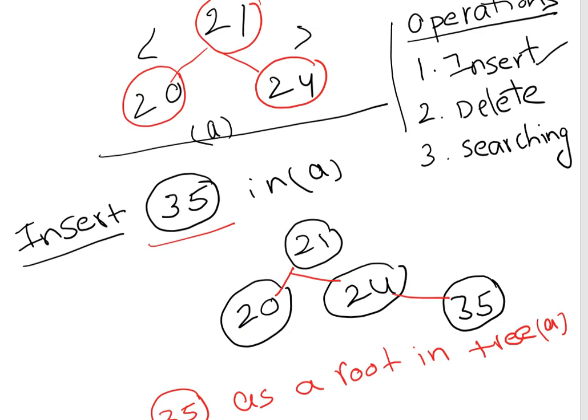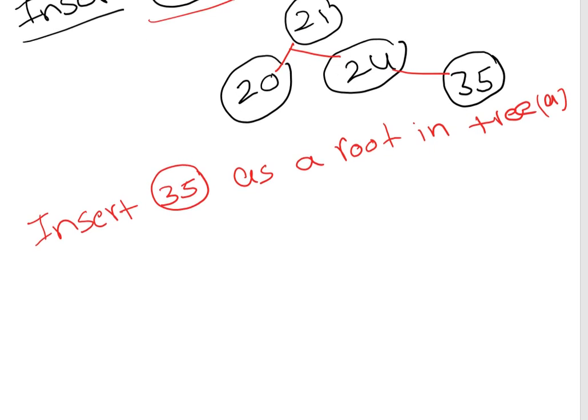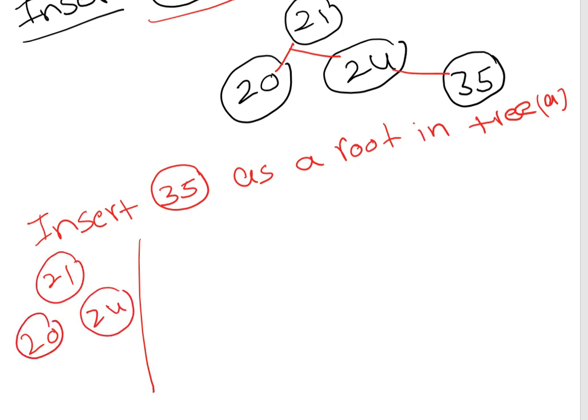So this is the A tree, right? In this tree I want to insert 35 as a root. The current tree is like this: 21, 20, 24. This is A. I want to insert 35 here as a root. So 35 will be root.